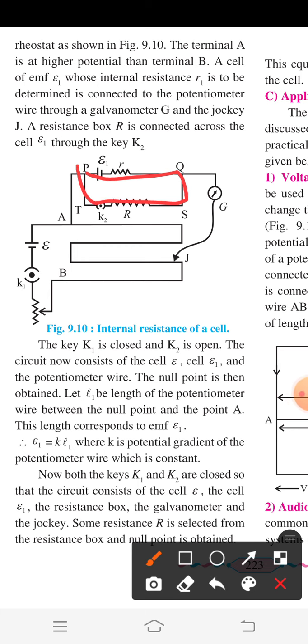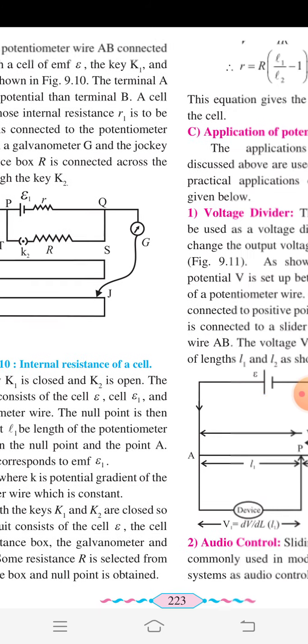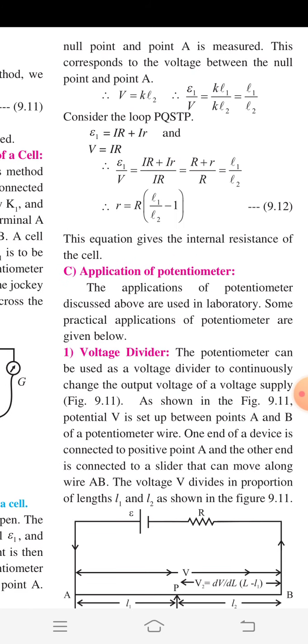In this closed loop, E1 is equal to I into capital R plus I into small r, where capital R is the resistance taken from the resistance box, I is the steady current flowing throughout the circuit, and small r is the internal resistance of the cell E1. Therefore, E1 is equal to I R plus I r.